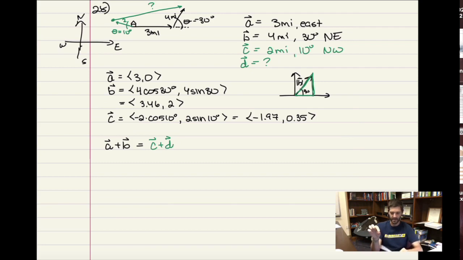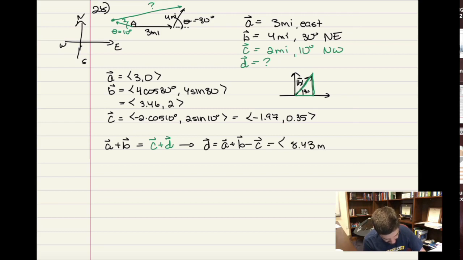And the idea is that A plus B ends up at that same point. So then I could say the vector D is A plus B minus C as vectors. And we've seen how to do that. You do it component by component. I get something like 8.43 miles, comma 1.65 miles.